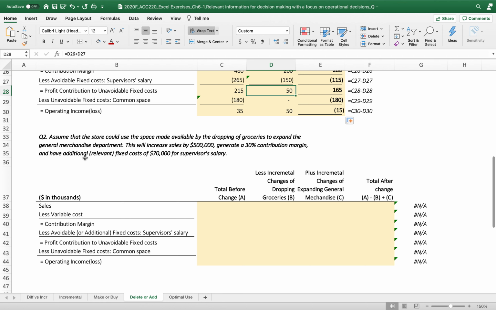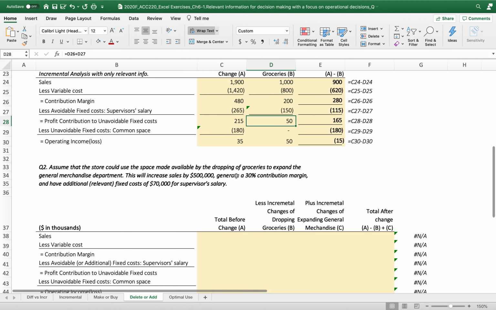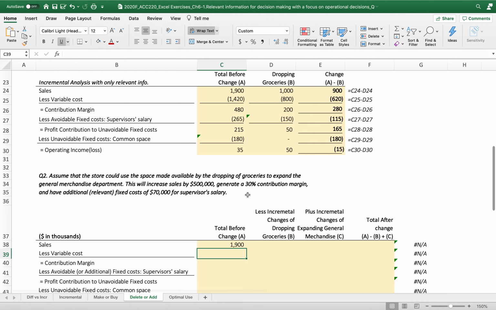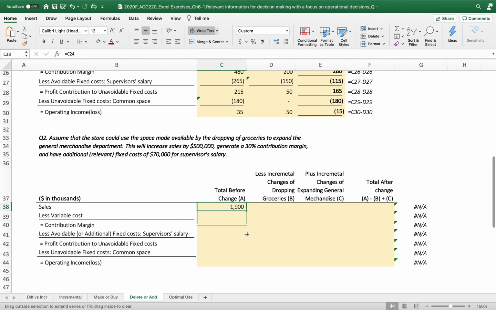It will generate a 30% contribution margin, and have an additional fixed cost of $70,000 for a supervisor's salary. That is also relevant information. Now let me retrieve all this information from what we completed previously.